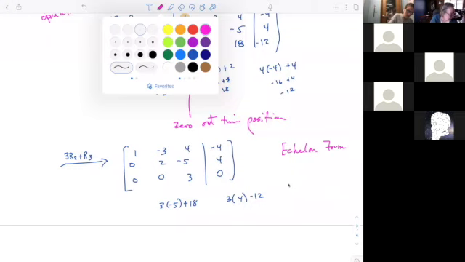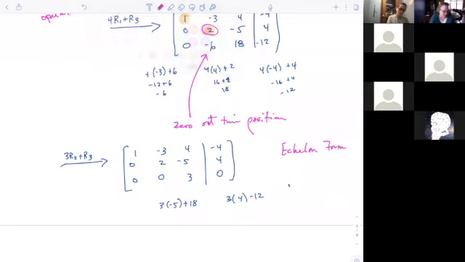The second one says a leading entry of a row is in a column to the right of the leading entry in the row above it. That sounds complicated, but what it's referring to is, as I said, the staircase structure. The leading entry in the second row is to the right of the leading entry in the previous row, and so forth.